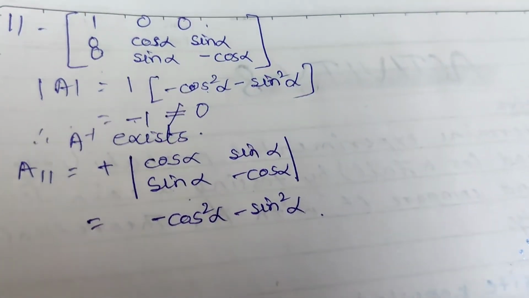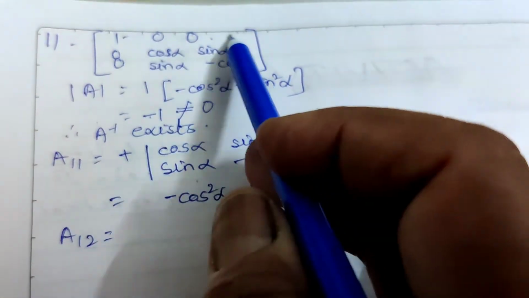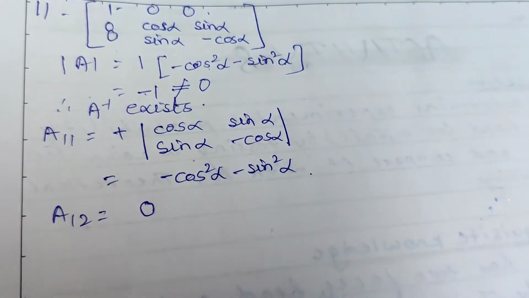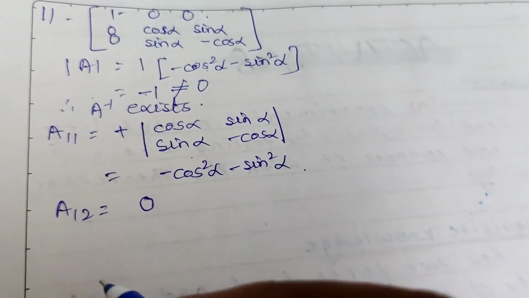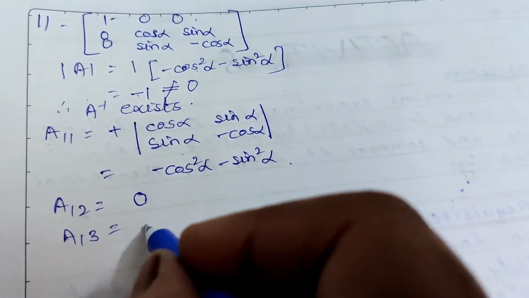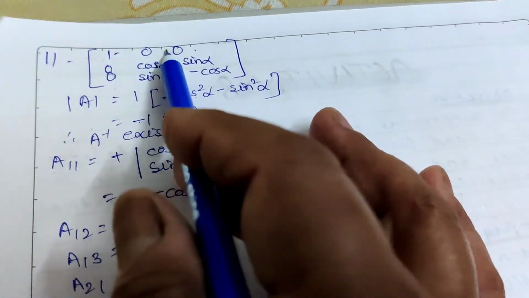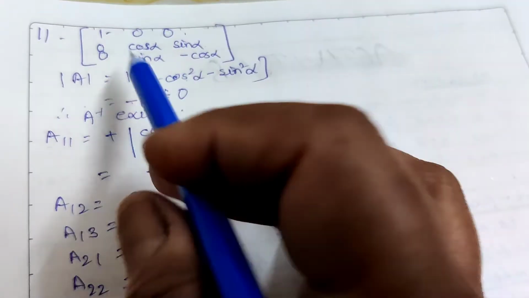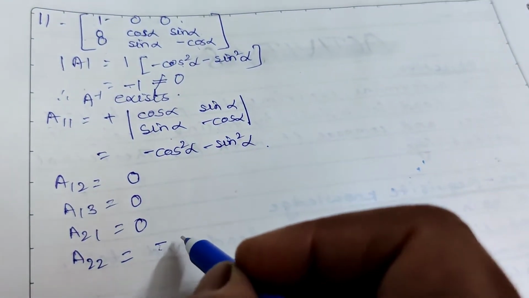Okay, just next A12, first row, second column. It will equal 0. I am writing here directly 0. Next, A13, first row, third column, this will also equal 0. A21, second row, first column, 0. A22, second row, second column, minus cos alpha only.